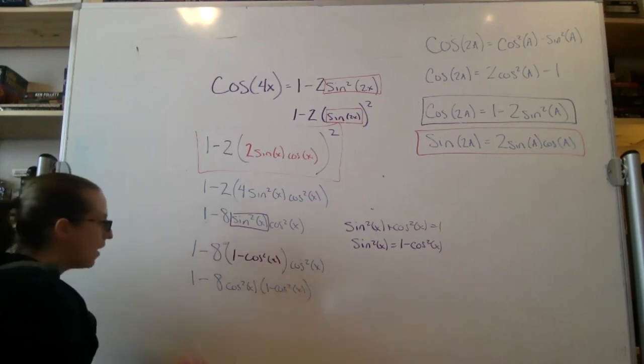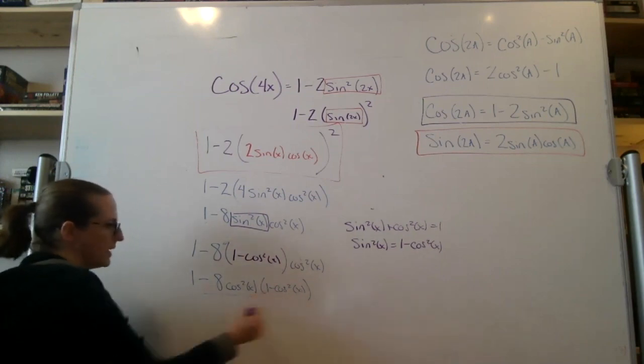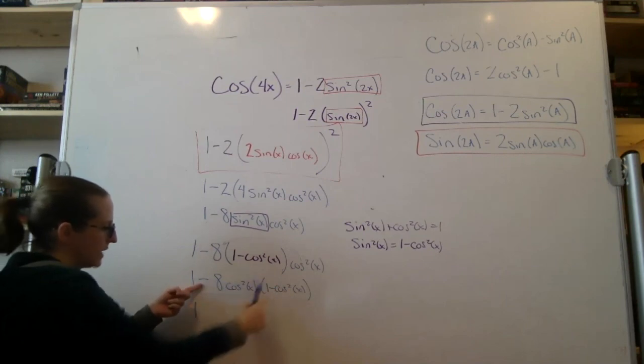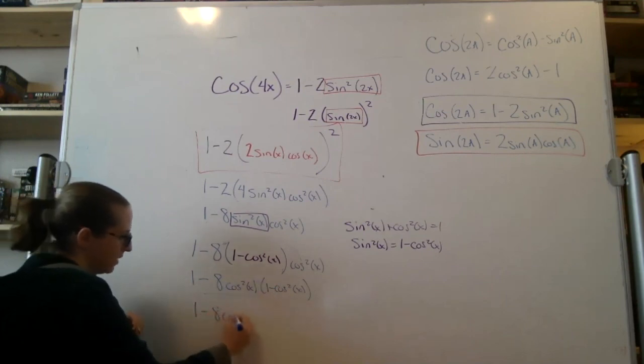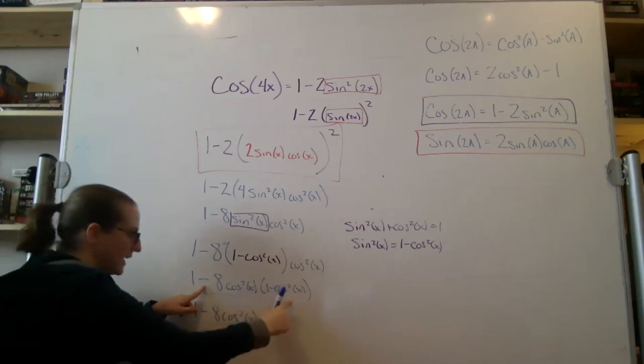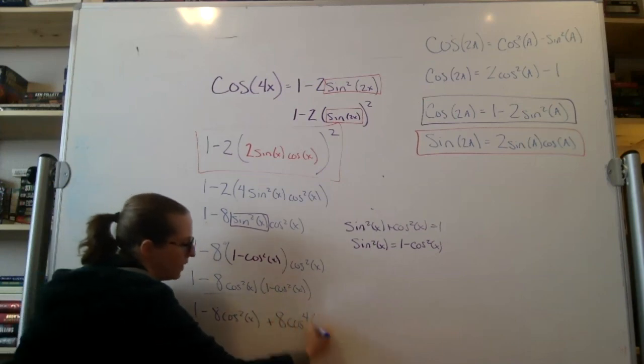Now I'm going to distribute this negative 8 cosine squared into that 1 minus cosine squared. So I'll have 1 minus 8 cosine squared, and negative 8 cosine squared times negative cosine squared is positive 8 cosine to the 4th.